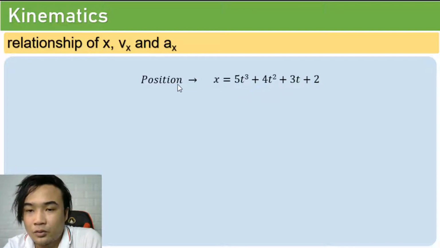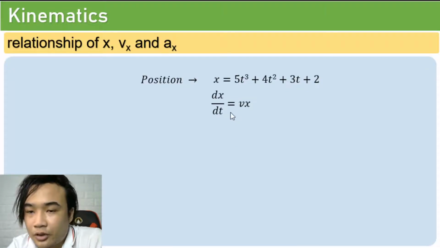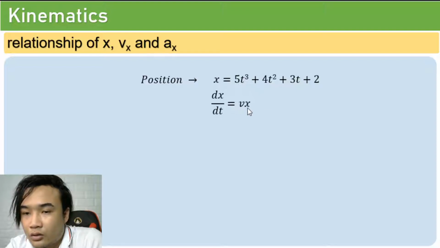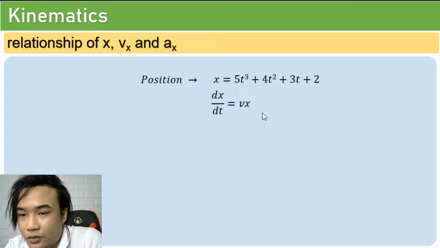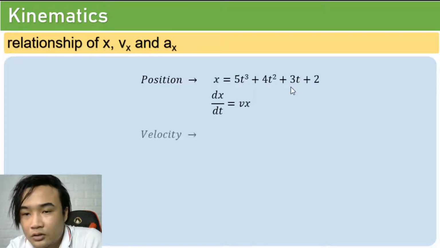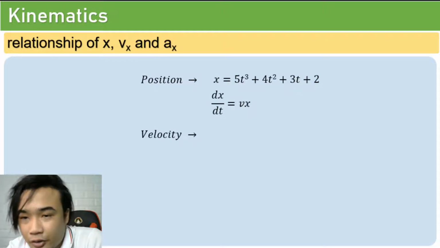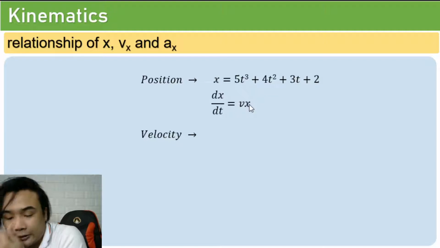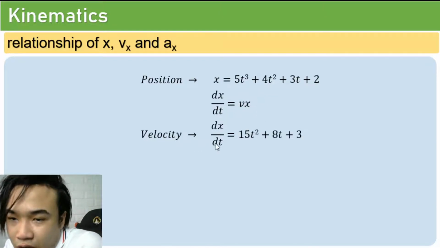To find the velocity, we need to take the first derivative of this equation with respect to time. That is dx over dt is equal to vx. Once we take the derivative, the result is like this.